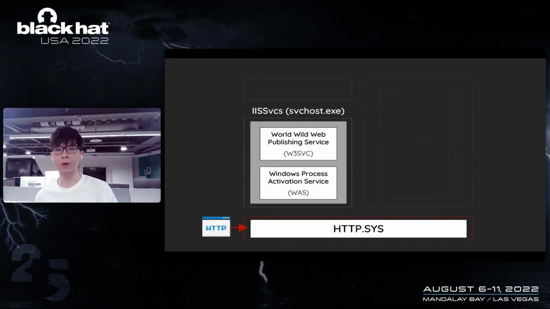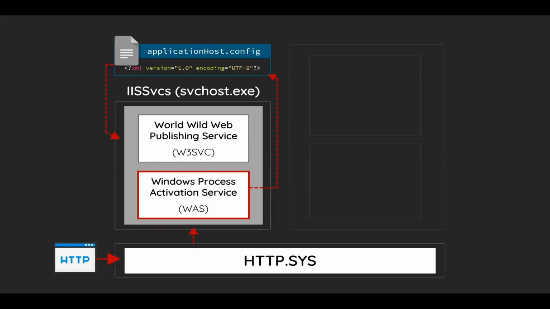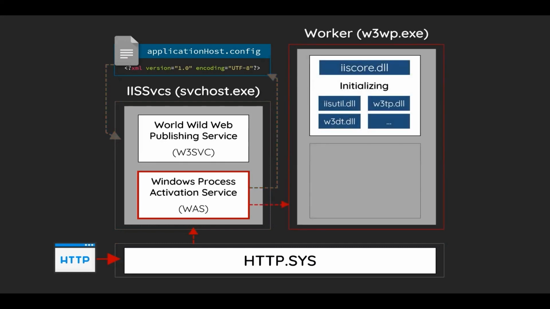When an HTTP request is coming, the kernel http.sys will first handle the connection and dispatch the request. The kernel checks if there is an active IIS worker. If not, it knocks the IIS service to spawn a new process. The WAS, Windows Activation Service, first reads the configuration to note several specifications for the process initialization and spawns the worker process.